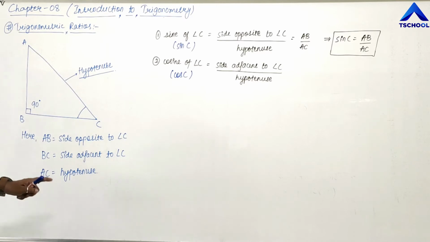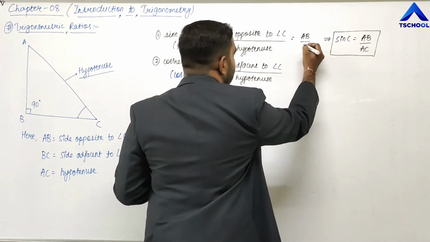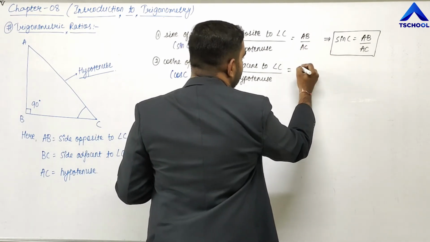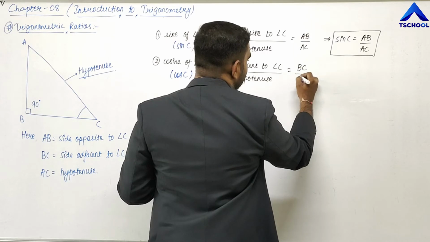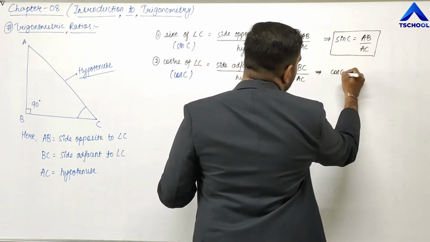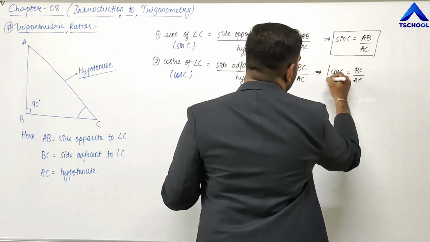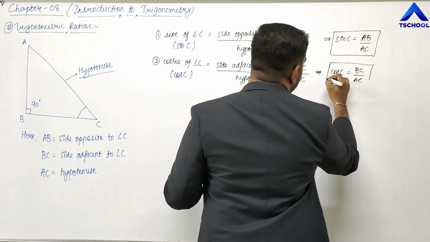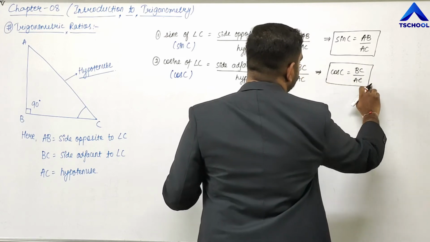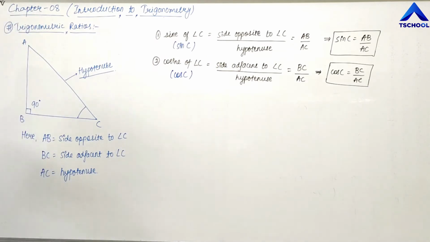Now friends, what is the side adjacent to angle C? That is BC, and the hypotenuse we already know is AC. So that gives me BC upon AC. So cos C is given by BC upon AC.